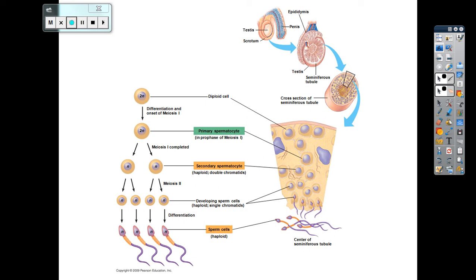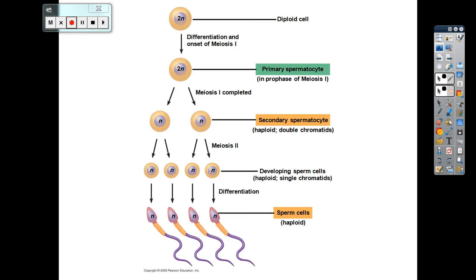All right, so about 9 weeks, and then the process is done.